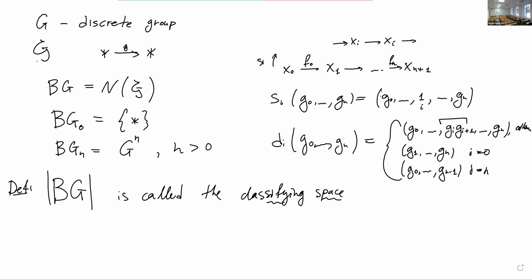Let's go for non-fancy. What is another way to define it? Well, I think the most down-to-earth way to define the classifying space for discrete groups is to say that we have a contractible space on which G acts freely and, moreover, totally discontinuously, whatever this means, and the quotient then will be the classifying space.